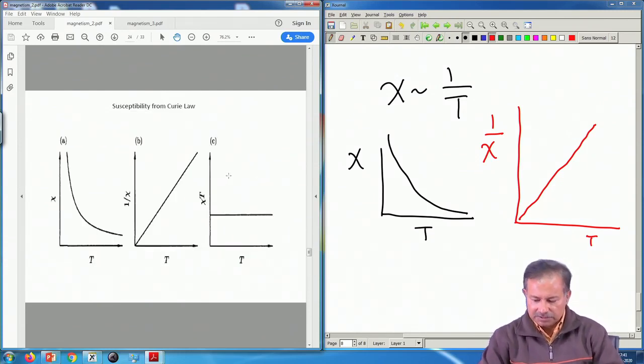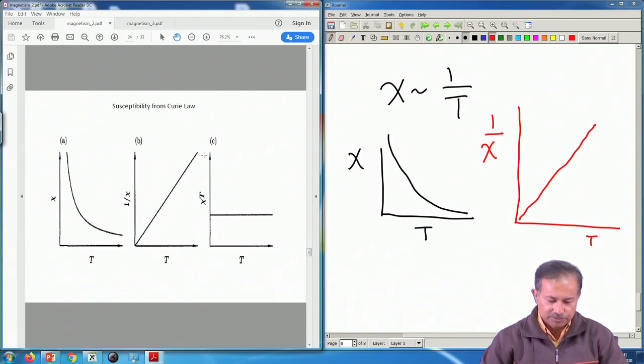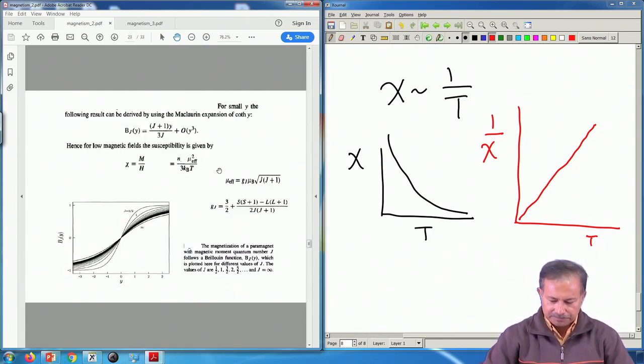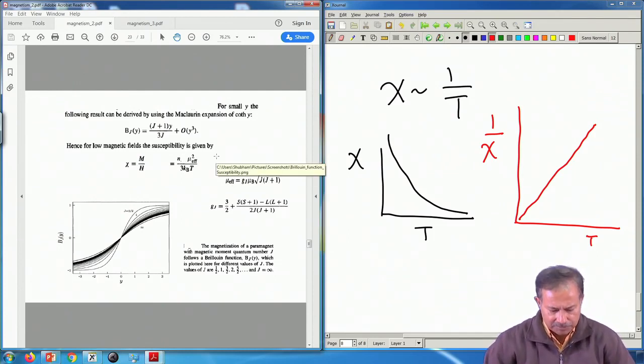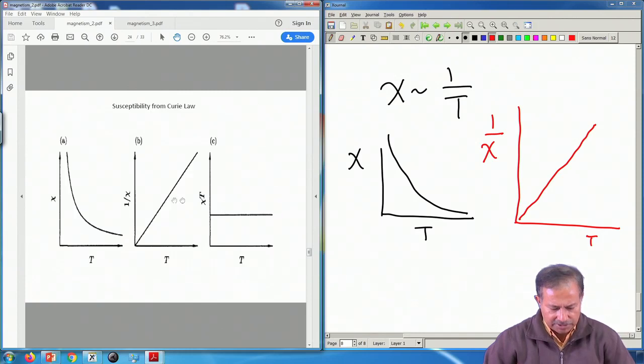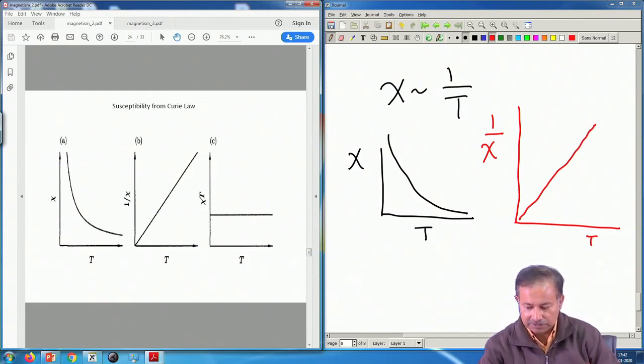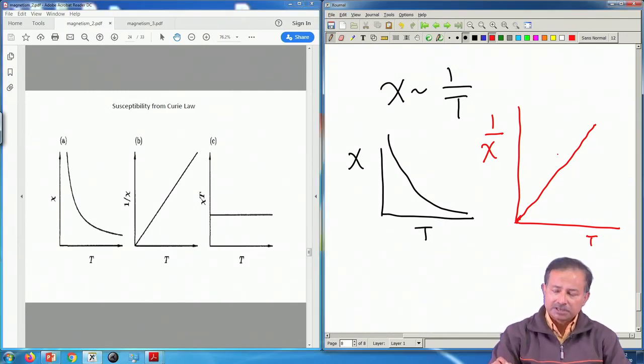The interesting thing is that the slope actually gives the inverse of that. So, you are plotting 1 by chi with t. Anyway, the point is that this straight line picture with the line cutting the origin is a very famous picture, a telltale signature of a paramagnetic system.